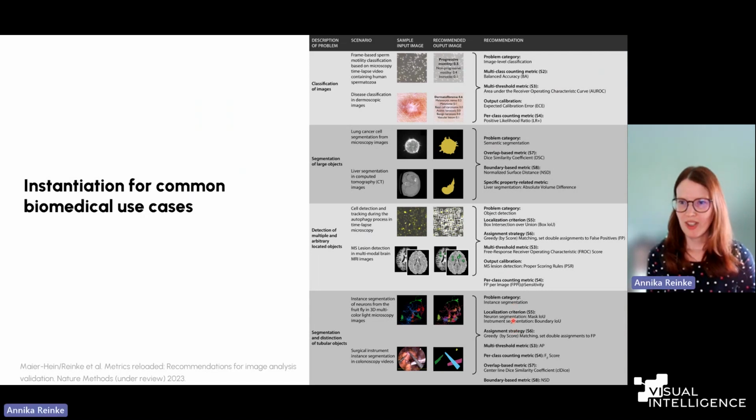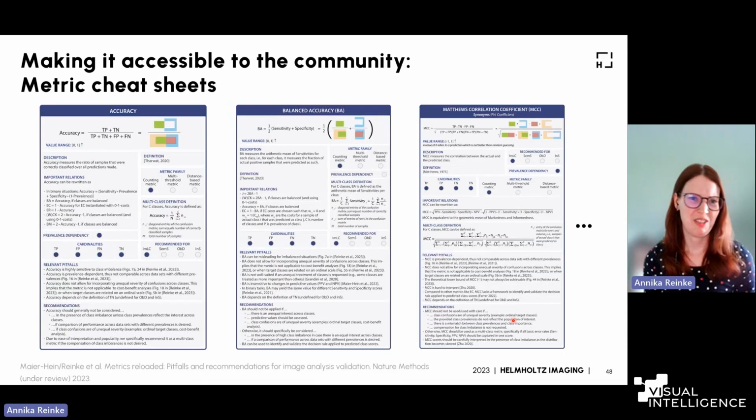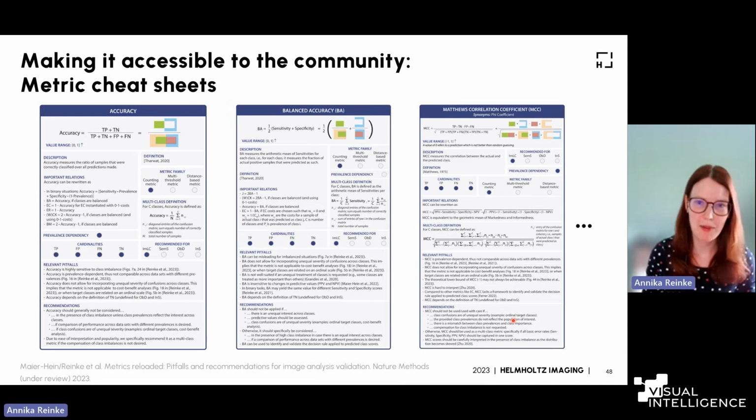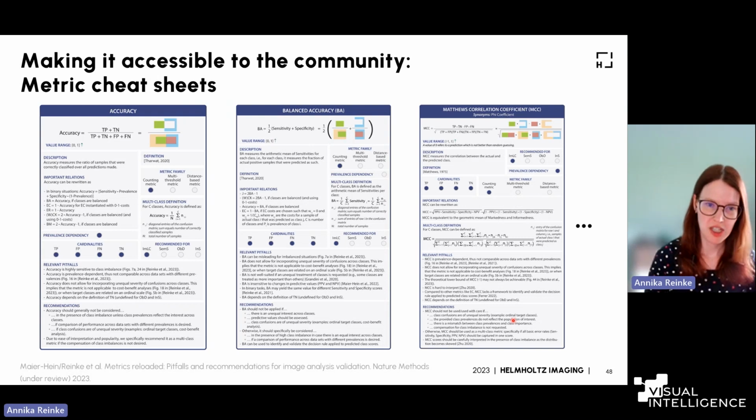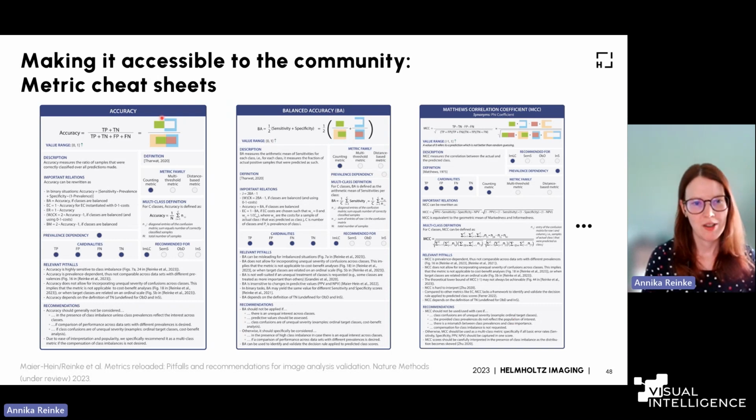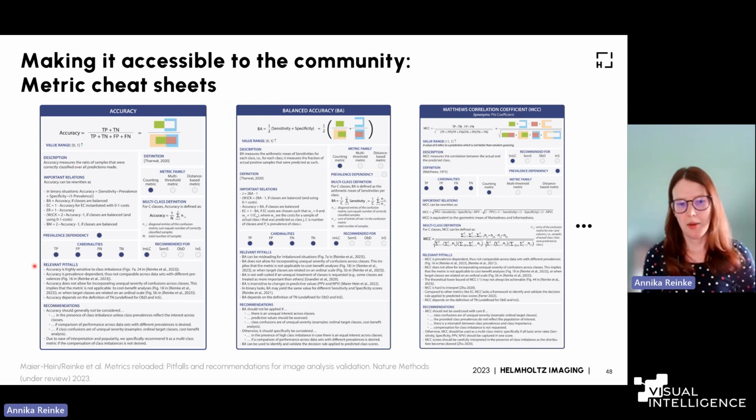We also found that it's often quite difficult to acquire all the necessary information for a metric that exists. So it's often spread across different resources, different papers. So we wanted to collect all the information into one sheet, and this is why we call them metric cheat sheets. So for each metric, you find all the relevant information like the formula, description, also things like important relations to other metrics, relevant pitfalls and recommendations.